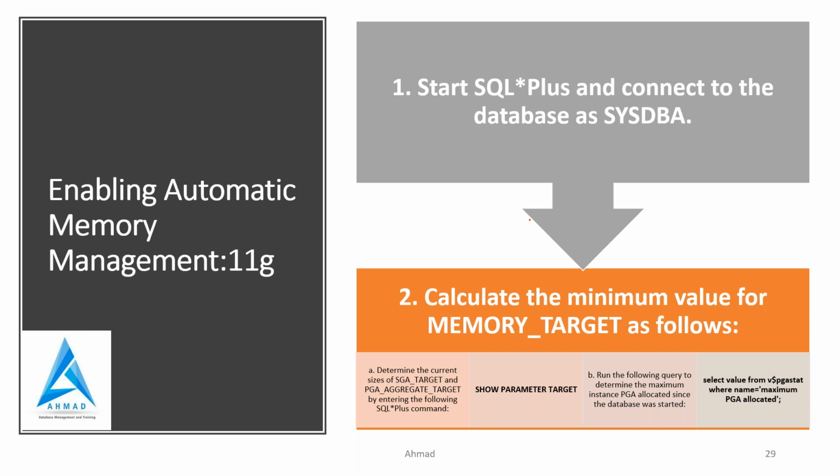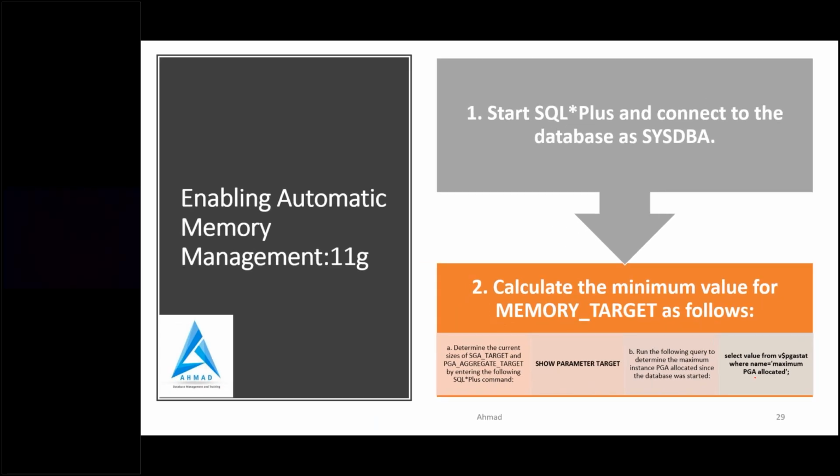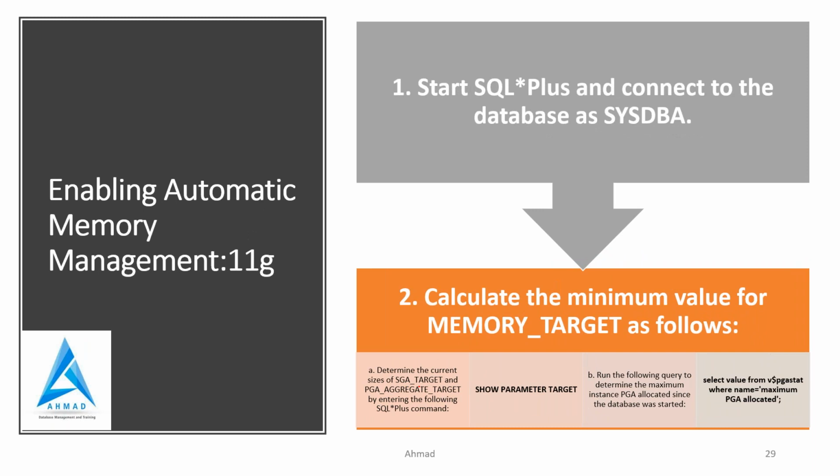So how to enable automatic memory management? You have to start and connect the database, then you have to calculate the memory target value. You can calculate it by the PGA stat view, where you can get the maximum PGA allocated value, and you can determine the current size of SGA and PGA aggregate target by showing parameter target.